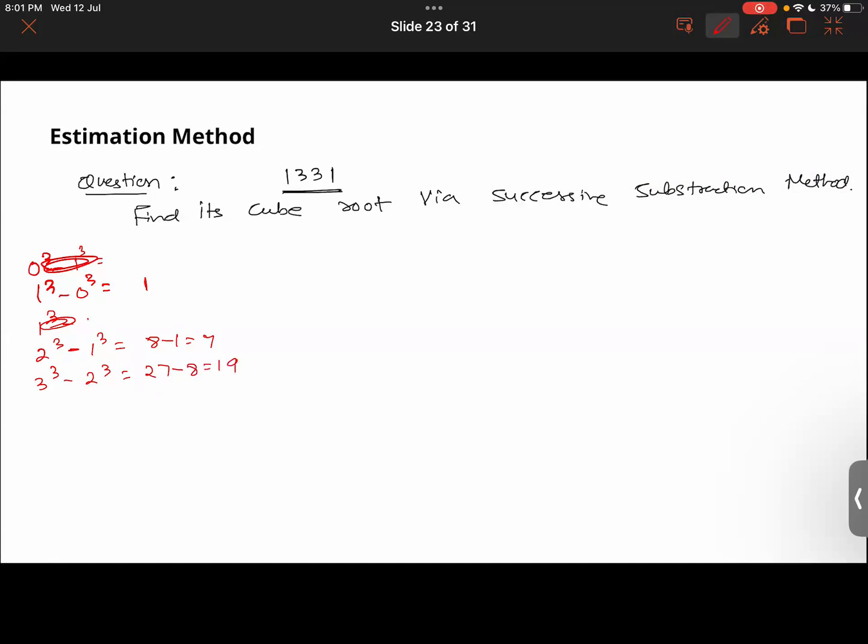So the numbers which we require to subtract from this 1331, you can find out using this pattern. Like the numbers I told you, which you need to keep on subtracting: 1, 7, 19. You can find the next numbers using this pattern. Got this one or not? What I'm trying to say.